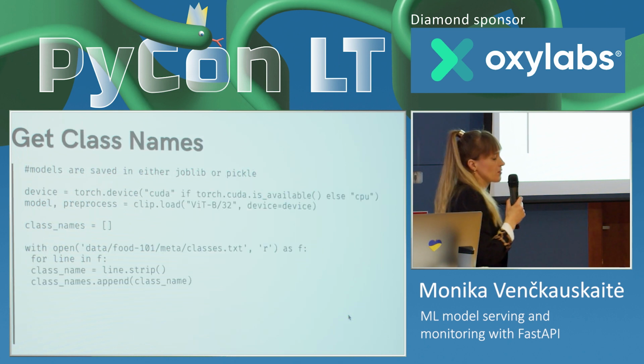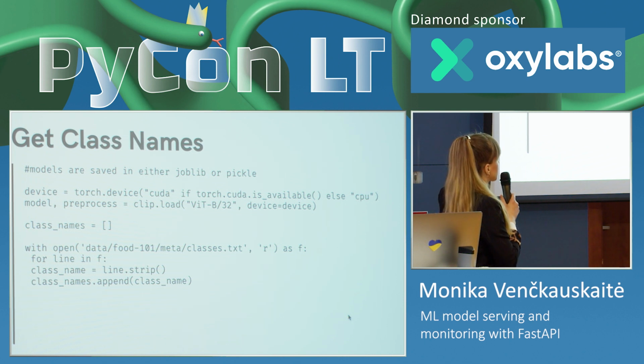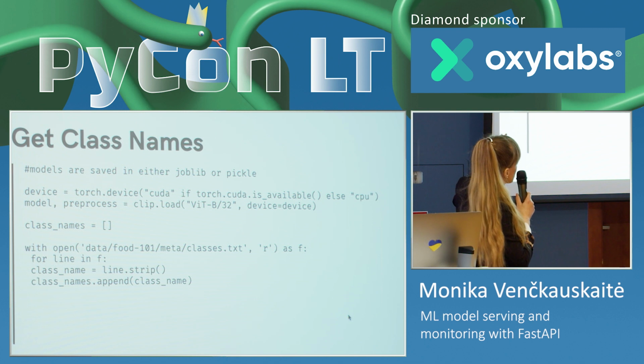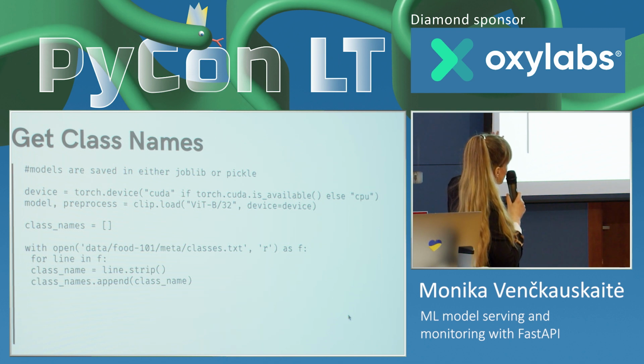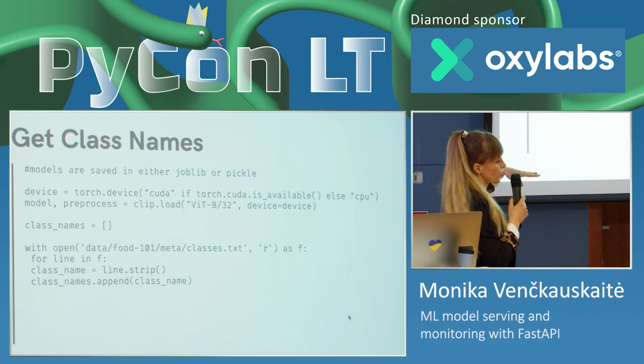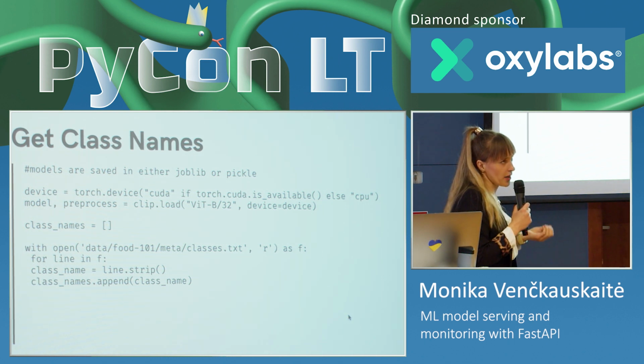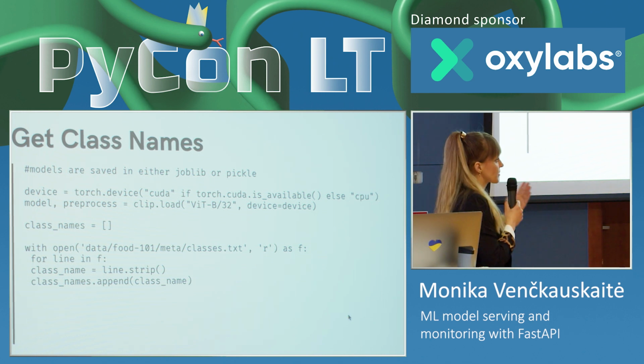Then I have some model functions. We don't have to go in depth at this moment, but you just need to understand that this is a function for getting class names from the stored file. The way the machine learning model was implemented, it gives output as a tensor with certain numbers, and using the classes file, you can look up which class was in the prediction.